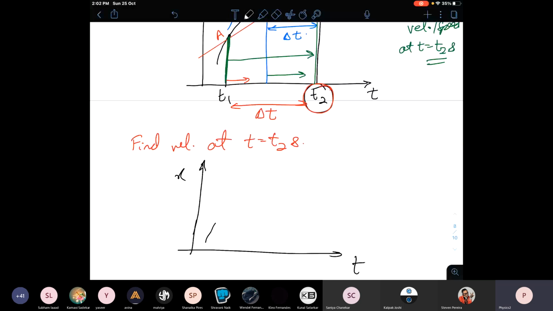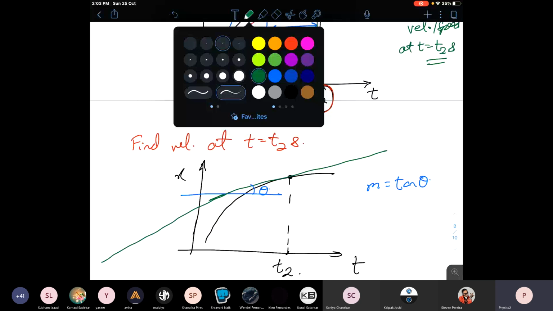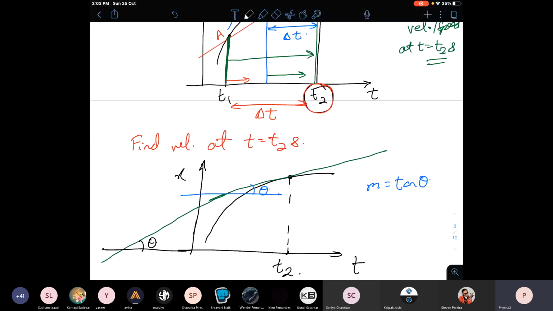This is the x-axis. The angle made by it is theta. The slope is tan theta. You can extend this line behind also; it will cut the x-axis somewhere. Here also this angle is still theta. Both the angles are the same, corresponding angles.